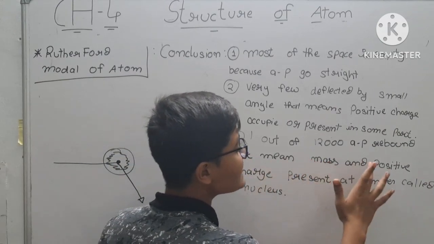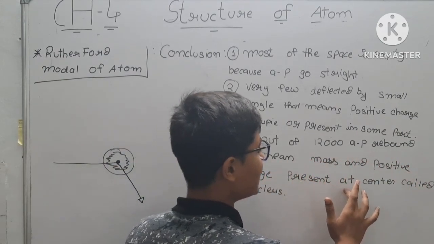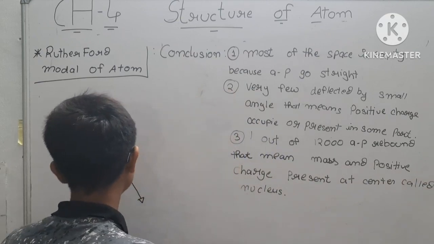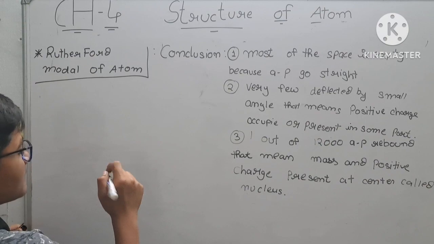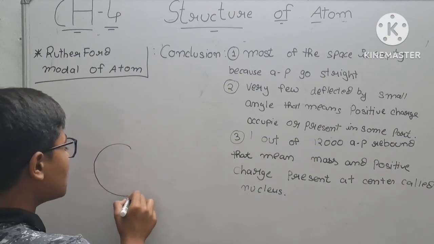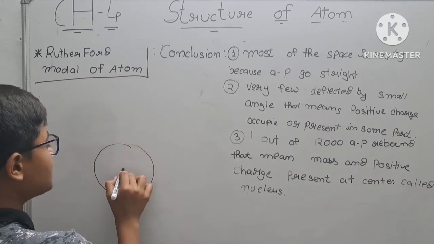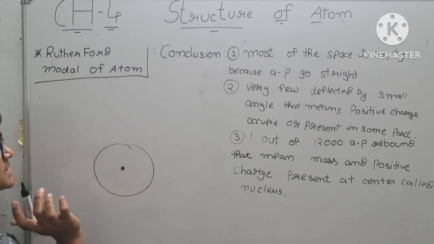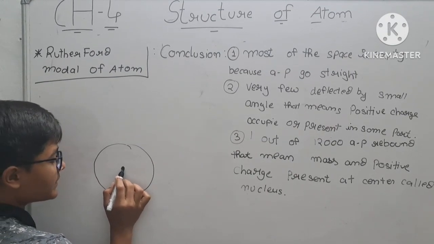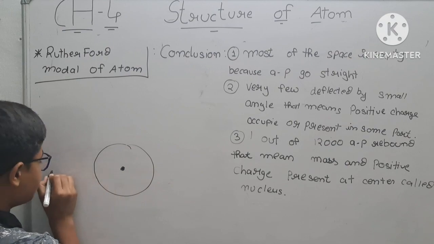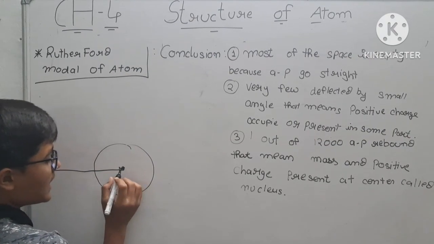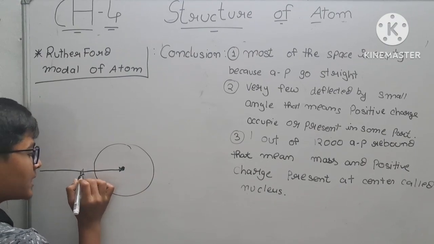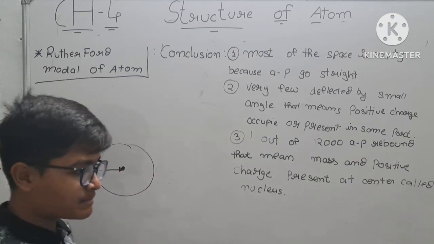That means mass and positive charge are present at the center, called the nucleus. I have made a bigger one. This is the nucleus, this is the atom. Now the alpha particle hits it and completely rebounds, comes backwards.